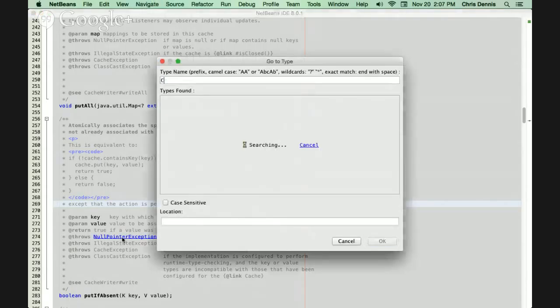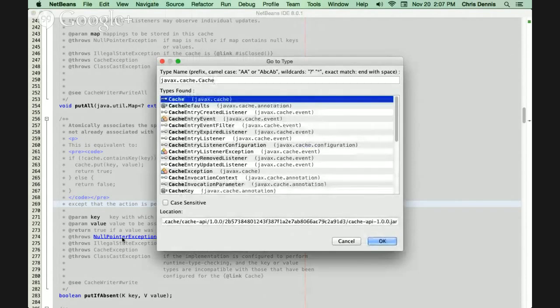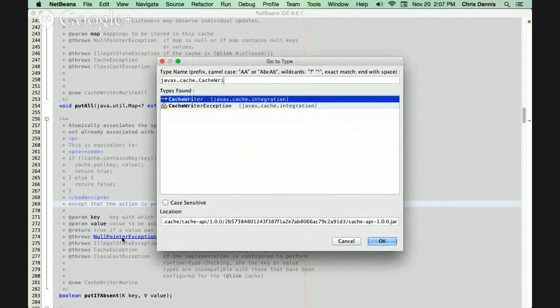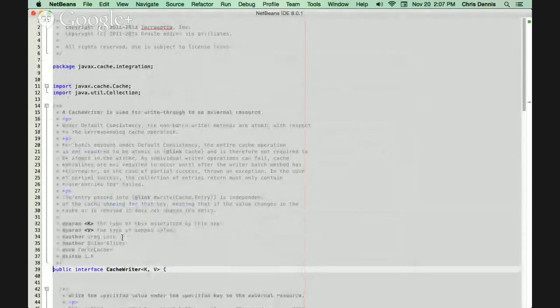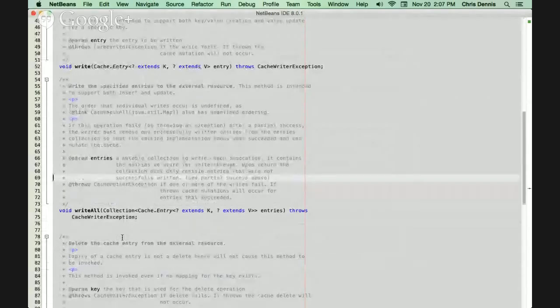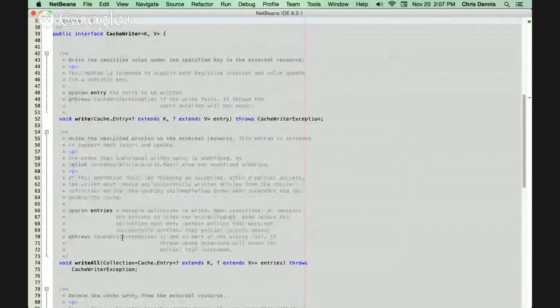And obviously, because of that, in Java's cache integration, the cache writer only has a single write method, which just writes an entry because there's no need to be able to do concurrent style operations on the cache.